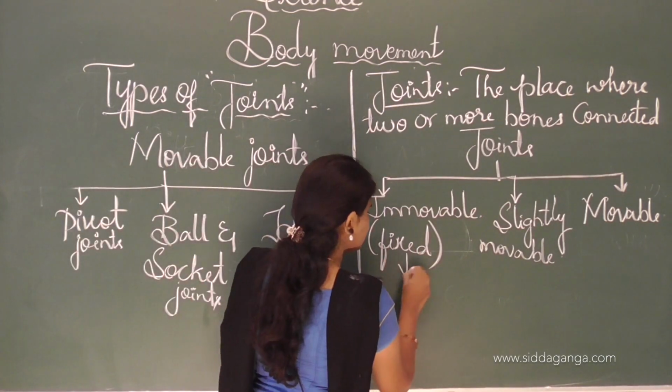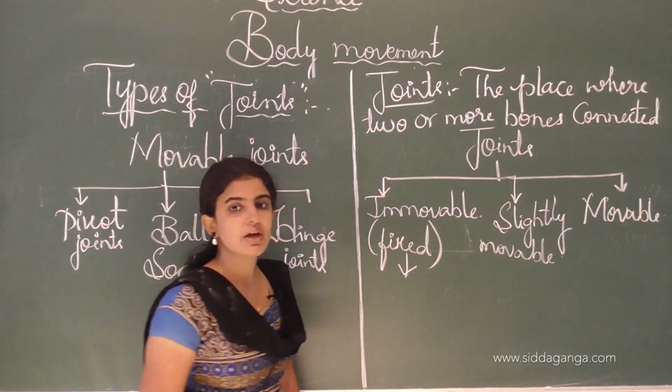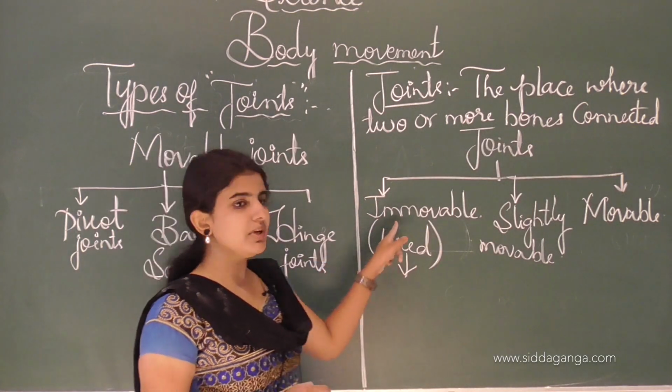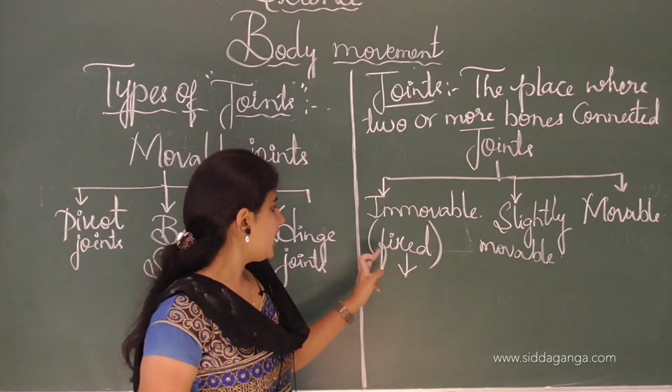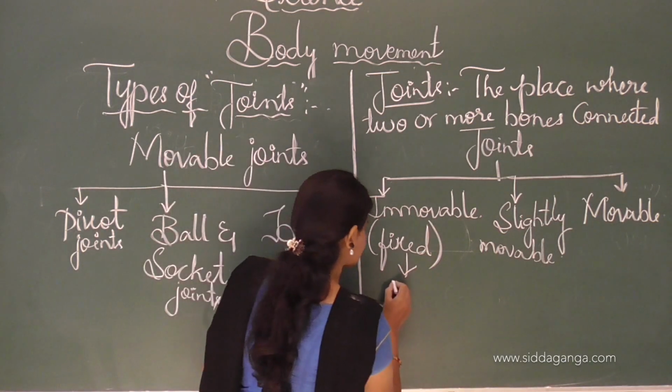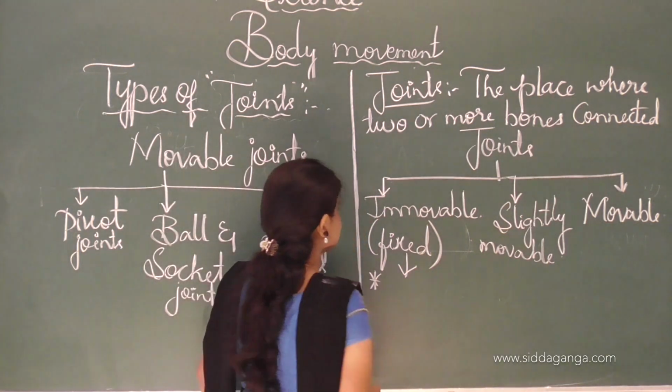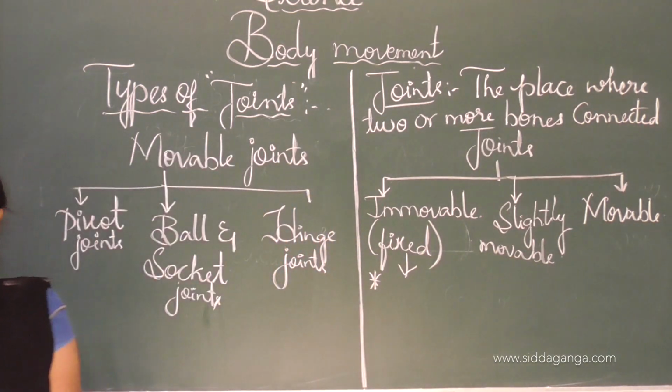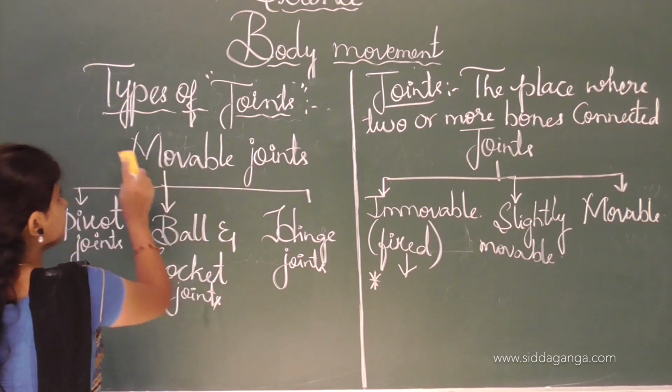Examples of these are immovable joints. As the name indicates, immovable means it can't be moved at all; it is fixed in nature, and it is fibrous. One by one we will discuss now.